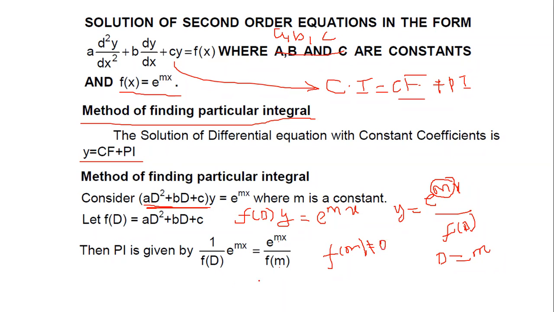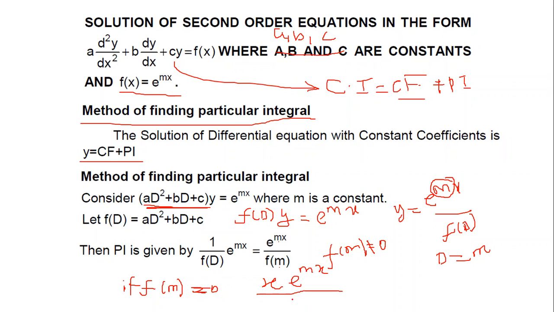In case the denominator equals 0, then you have to multiply with x in the numerator. That is the case if f of m equals 0. Then multiply with x in the numerator and differentiate with respect to D in the denominator.